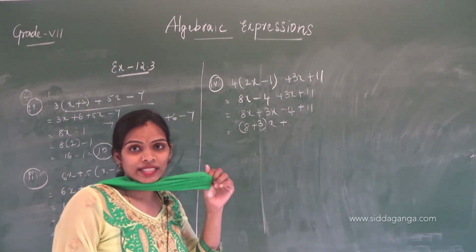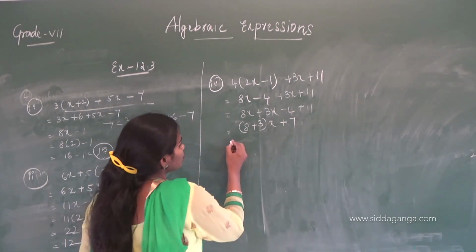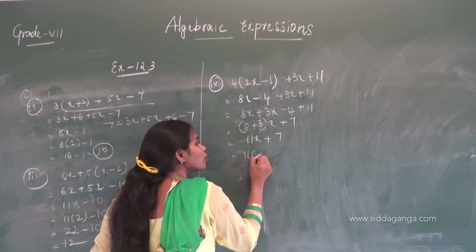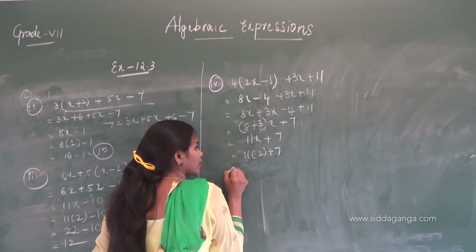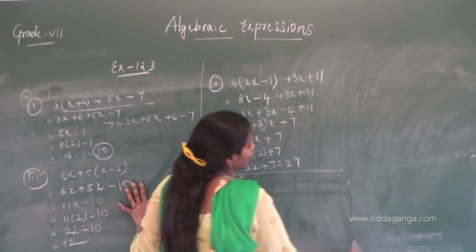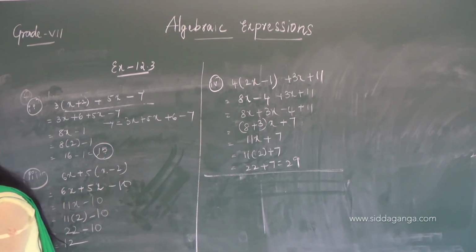What is minus 4 plus 11? 7. 11x plus 7. 11 into 2 plus 7, that is 22 plus 7 equals 29. Next.